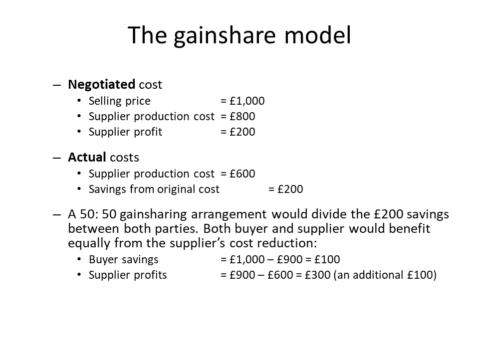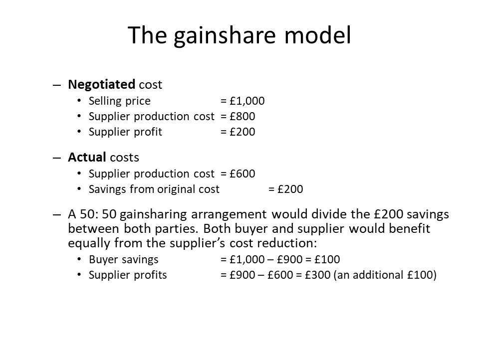There's a detailed example here of how a gainshare model might work, and remember, this is often called gain pain. If the costs are kept down, both the supplier and the purchaser gain, but if costs increase above the estimated production cost, then both the buyer and the supplier share in the pain.